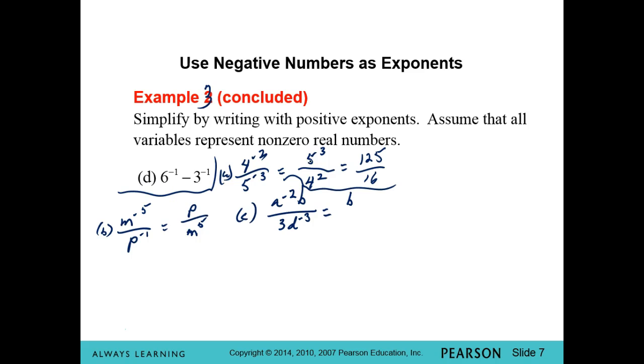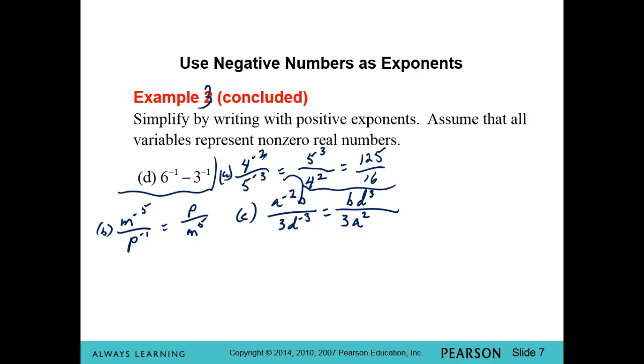Okay, dividing line. 3 stays down there. Second? A squared goes down there. Where does it go? It goes upstairs with the B. D cubed. Does everybody see that?